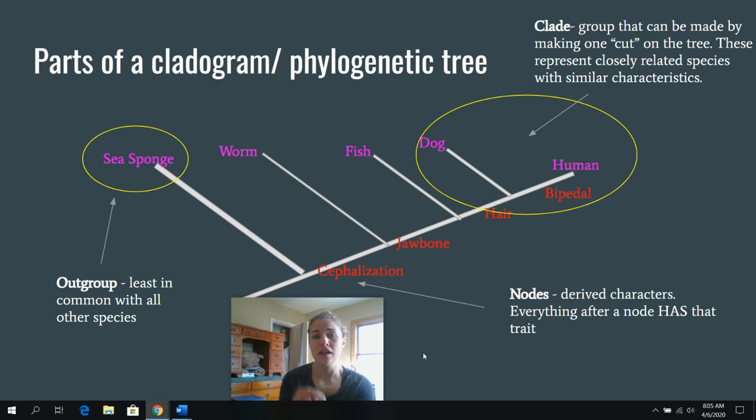A worm and a fish, there's nowhere I can make a cut and just get a worm and a fish in this picture, so a worm and a fish would not be a clade. However, a fish, dog, and human could be a clade because I could make one cut right at jawbone and fish, dog, and human would all fall off in a branch together. That's how you tell if something's a clade or not.